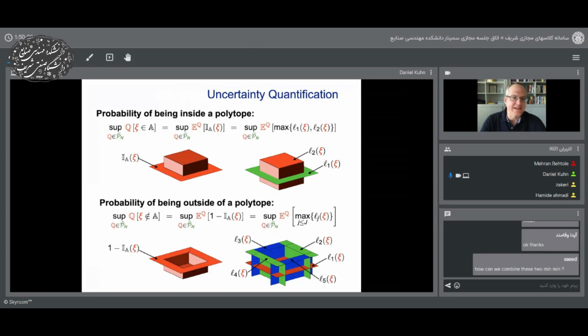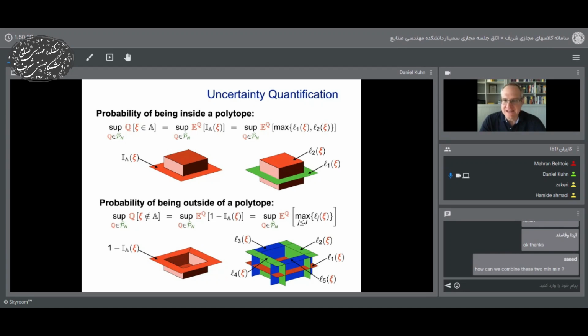So let's assume that set A is a polyhedron, and you want to find the worst case, so the maximum probability that Xi, the random vector Xi, is in the set A. Now, the probability can be expressed as an expectation of the indicator function of the set A, and the indicator function here just evaluates to 1 if a particular Xi is inside the set A, and to 0 otherwise.